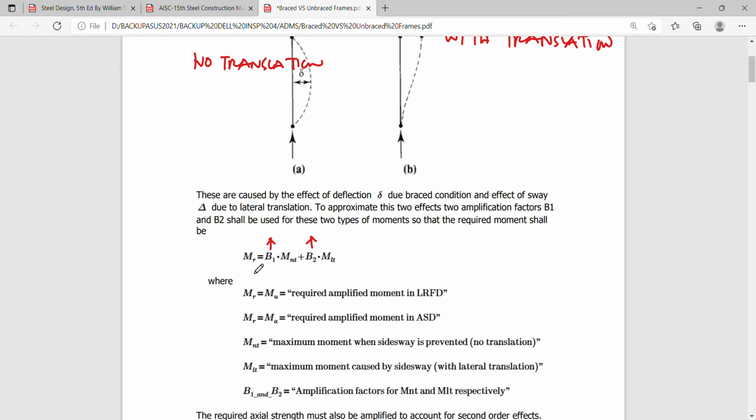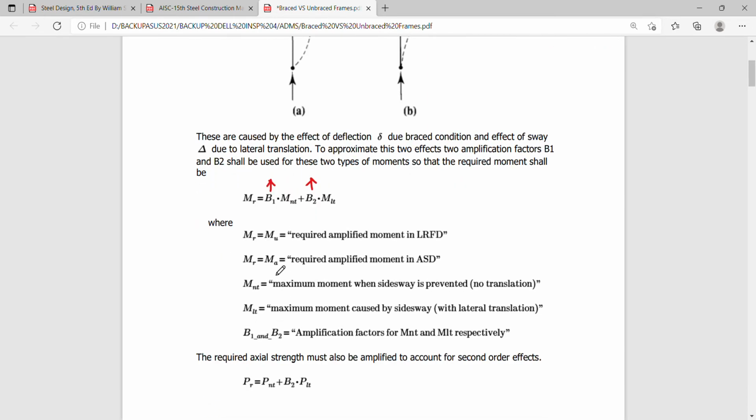Where MR here is simply the general forces or the general moments as described by the variable MU for LRFD and the variable MA for ASD. So this MU and MA are now the required amplified moment to be considered in your analysis and design.